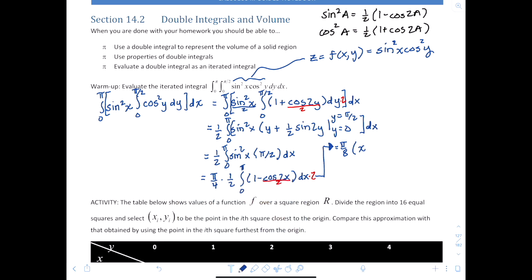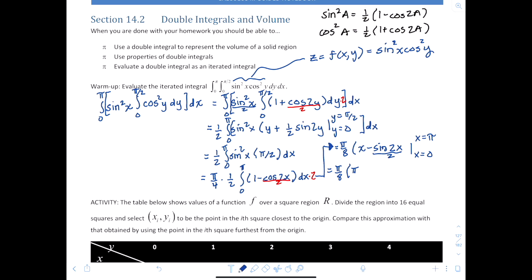So we'll end up having x minus sine of 2x over 2, and then we'll have that being evaluated from x is 0 to x is pi, and again, this will be pi over 8 times pi minus sine at 2 pi, which is 0, okay?